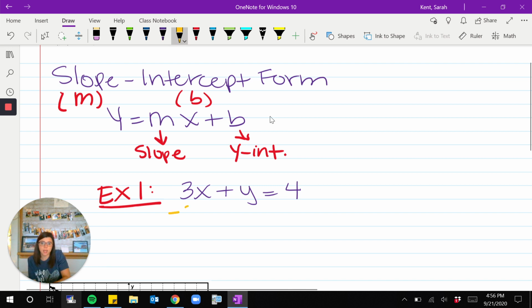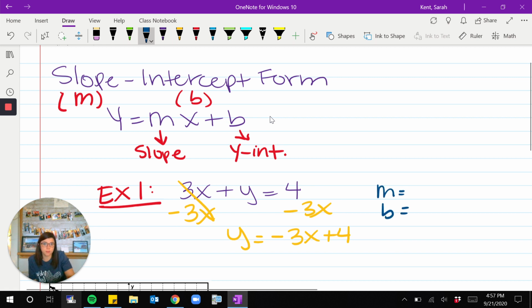So I'm going to take away my 3x, so those 3x's cancel out, and I'll get y equals negative 3x plus 4. Now in this equation, I can look for those two pieces that I need. I need a slope and I need a y-intercept.